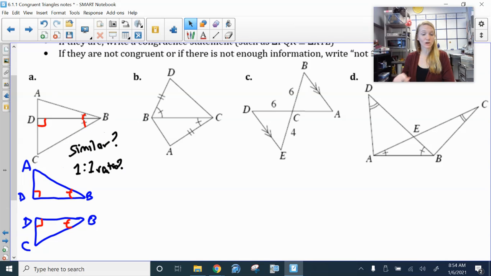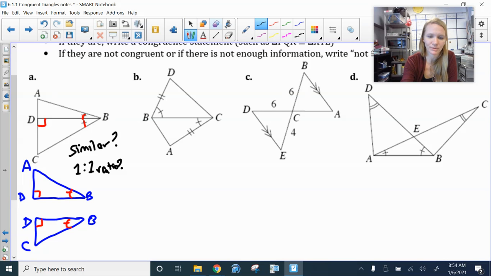So are they similar, meaning do they have side, side, side, or angle, angle? And in this picture, definitely we've got a right angle in both, and they gave us a congruent angle in both. So they are definitely similar. So we can go ahead and say, yep, we've got that. That's the angle, angle similarity.